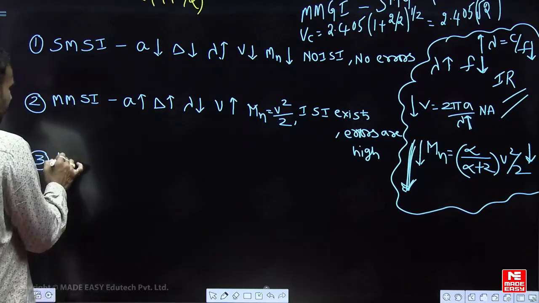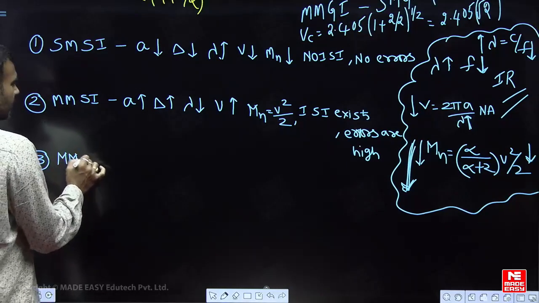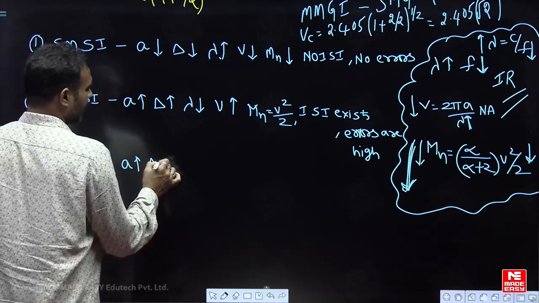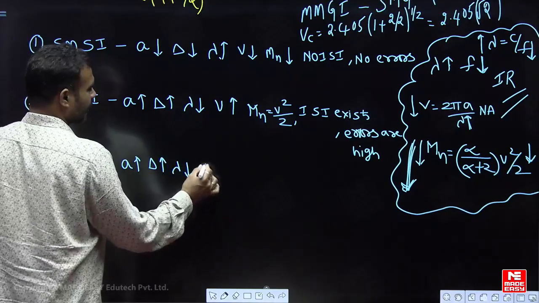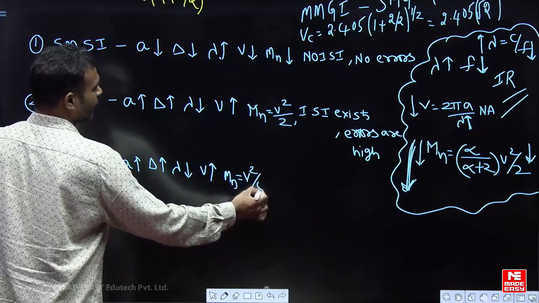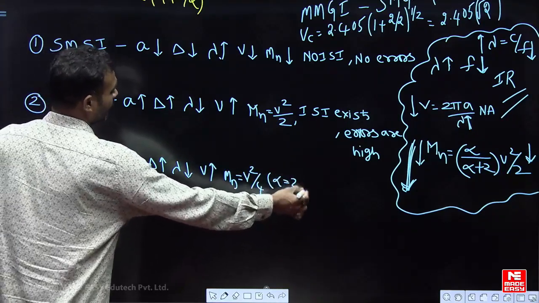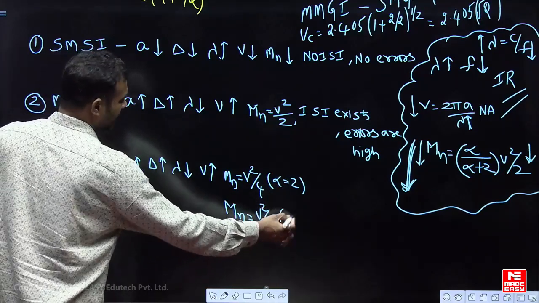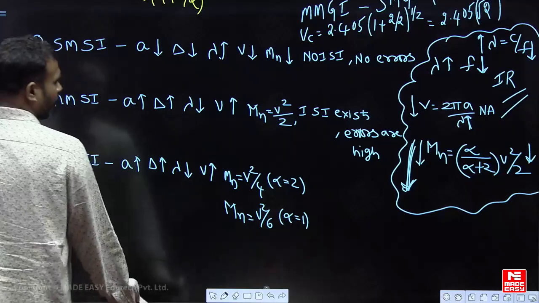Next we discuss the MMGI fiber. Please see here, MMGI fiber also has A value high, delta value high, lambda less, V high. Your Mn is equal to V square by 4 taking the parabolic profile. Your Mn is equal to V square by 6 taking a profile called triangle profile.